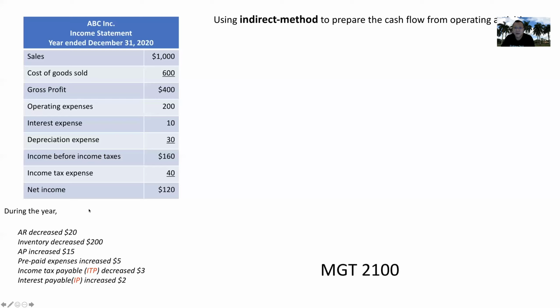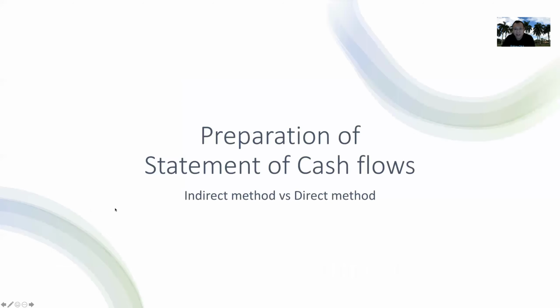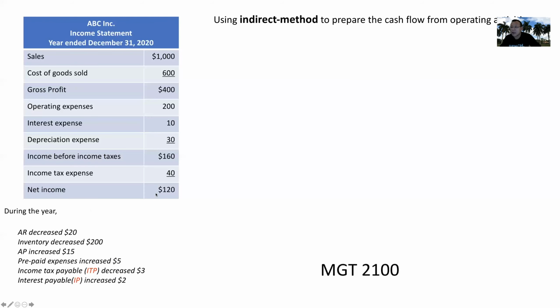Okay, so how are we going to prepare the statement of cash flows using the indirect method? Okay, indirect method. So we start from net income. The net income is 120.